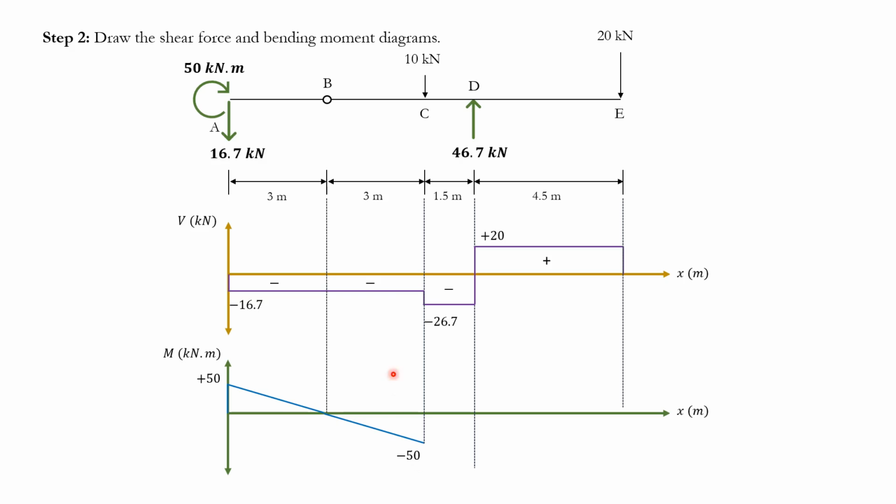So we go to negative 50 there, because it's 16.7 times 3. And then at this point, I have another area, 26.7 times 1.5. It's negative again, so just go down a little more, negative 90 there. And then at this point, I have 20 times 4.5. It's a positive value, and this value happens to be 90 as well.